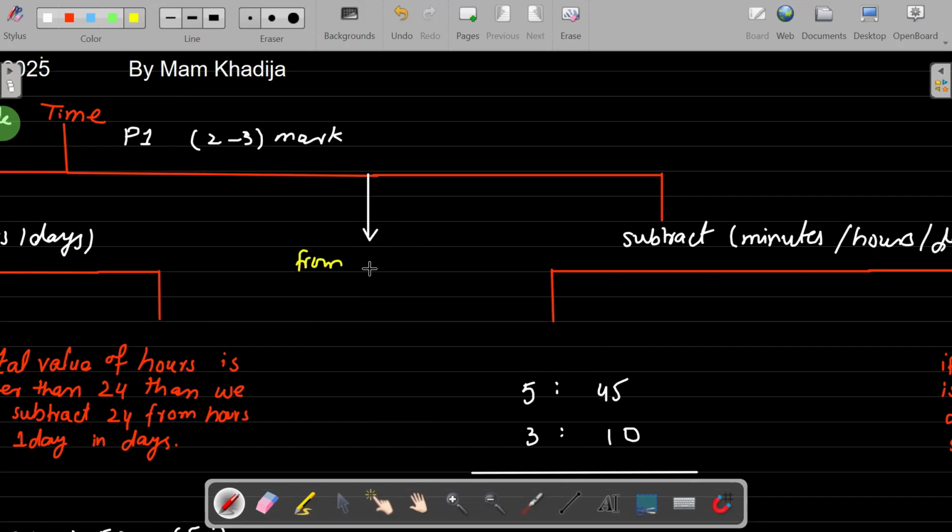From AM to PM or from PM to AM, we will either add 12 or subtract 12.